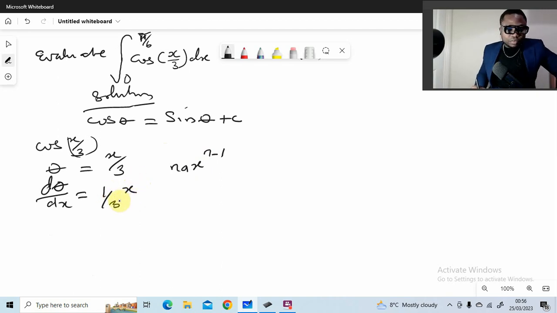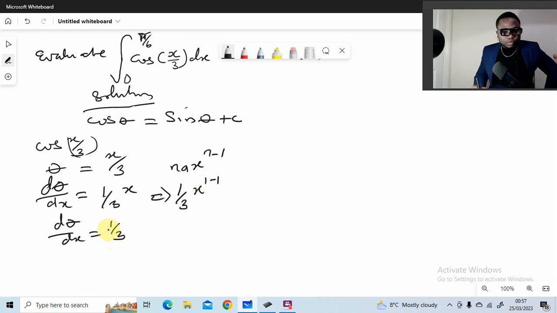So 1 times 1 over 3 will give us 1 over 3, then x raised to 1 minus 1, which is 0, and anything raised to the power of 0 is 1. So I have d theta over dx as 1 over 3.